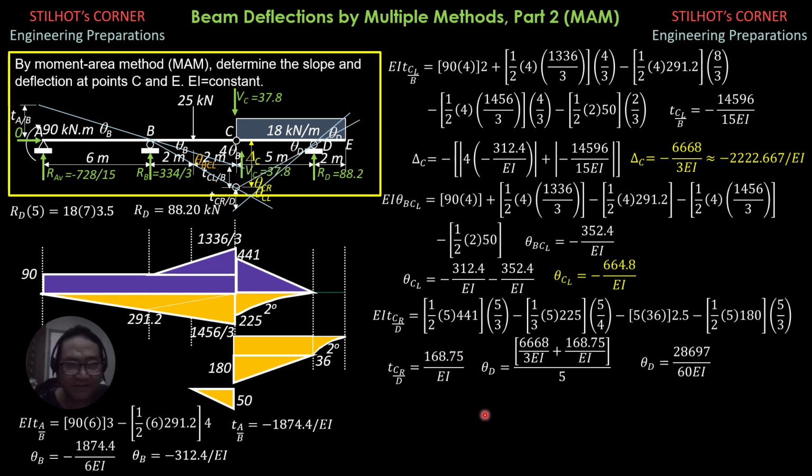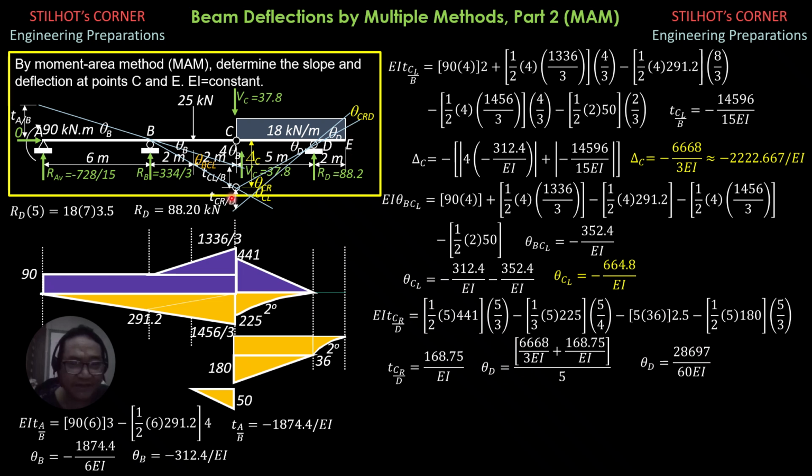So that's theta C right. This is the angle between the tangent at C right and at D, which is theta C right D.